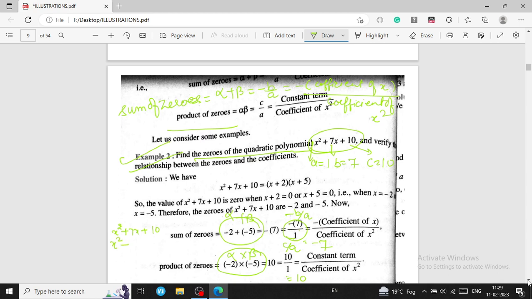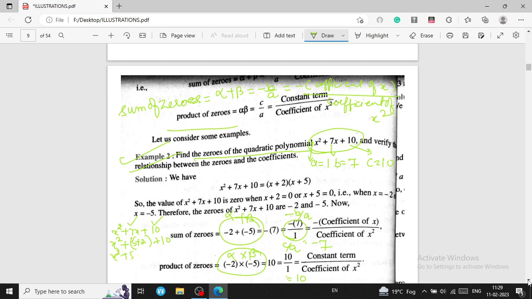We have to take two factors which, if we add them, give this number, and when we multiply them, give this number. So here I am taking 5 and 2, because 5 twos are 10, and when we add, we get 7.